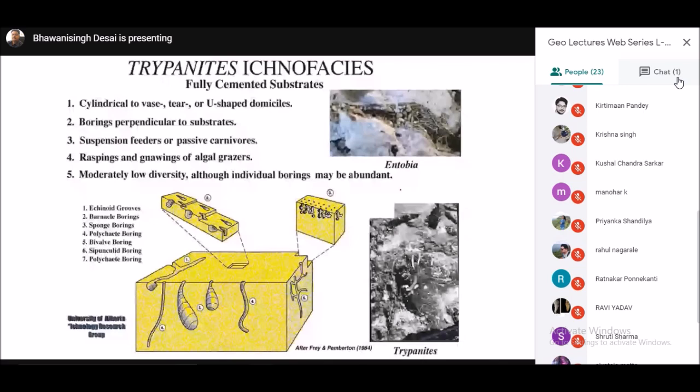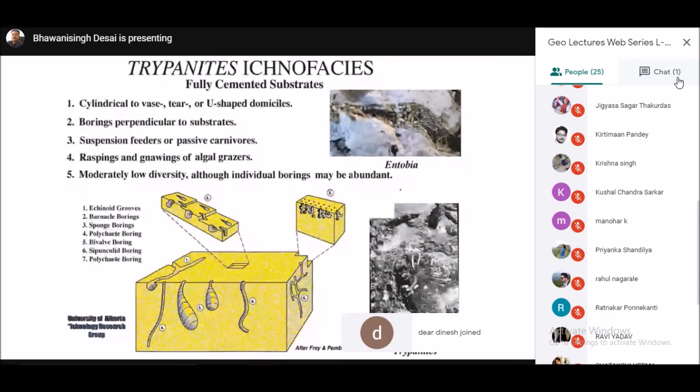It's already rock, and the animal has the capability to drill that rock either by applying certain chemicals or by crushing that rock. So it produces a very unique structure, and this is known as the Trypanites ichnofacies. This is very common in carbonate areas or carbonate rock records, especially if you go to the middle central part of India. Our Bagh Beds have extensive Trypanites ichnofacies.